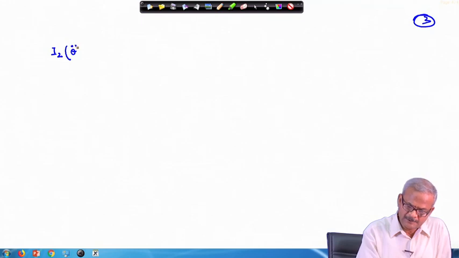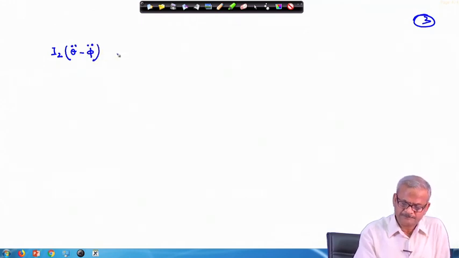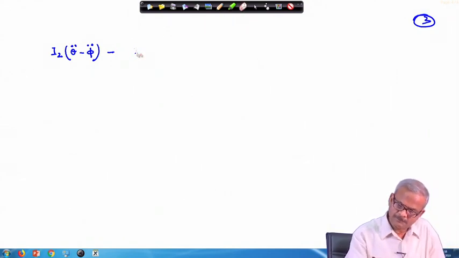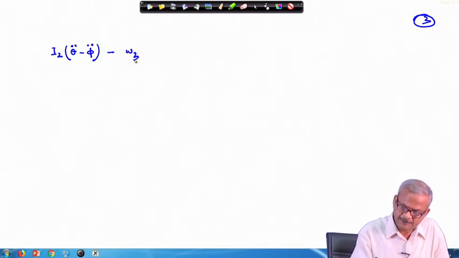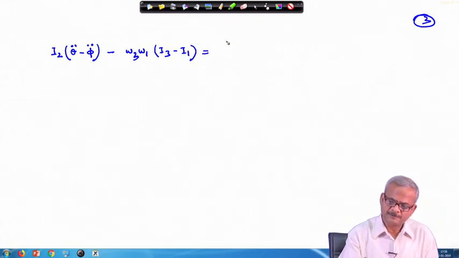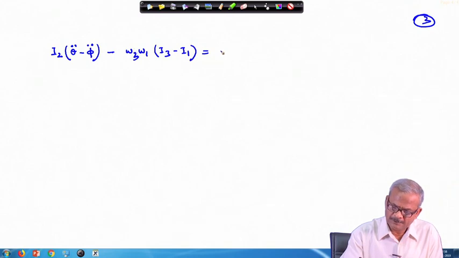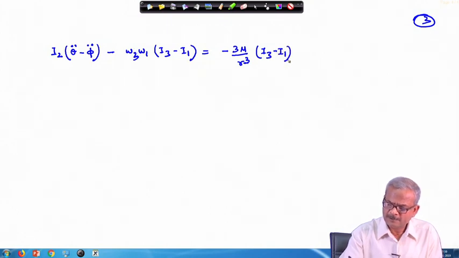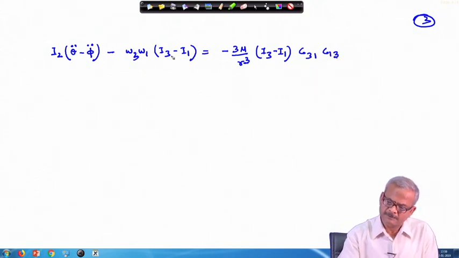So this becomes theta double dot minus phi double dot, plus omega 3 times omega 1 times I 3 minus I 1, equal to, on the right hand side, minus 3 mu by r cube times I 3 minus I 1 times C 3 1, C 3 3 and C 1 3.